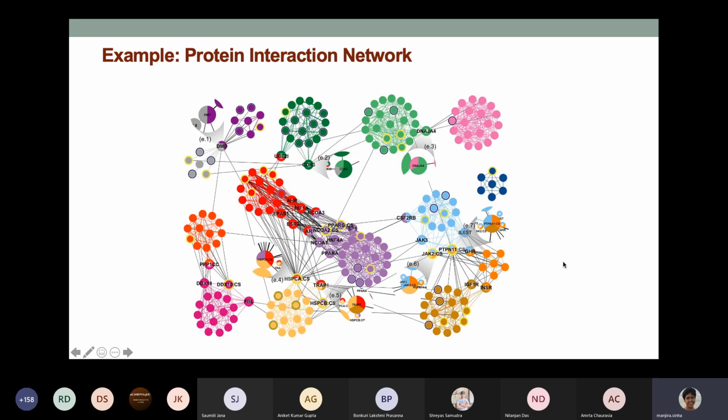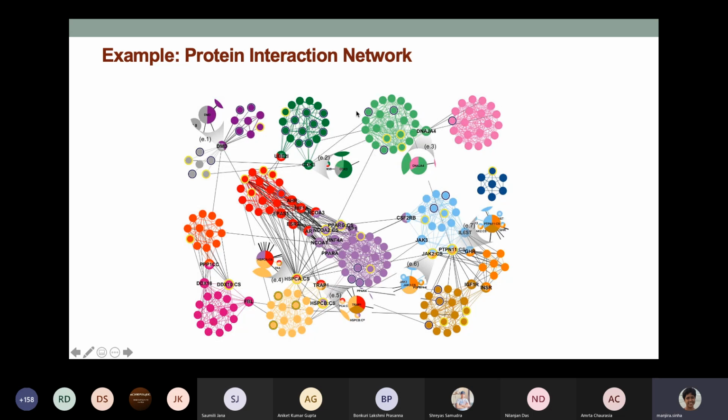Now, when we do machine learning, my computer does not have any idea that this is a green cluster, this is a yellow cluster, this is a pink cluster. It only has the interactions.